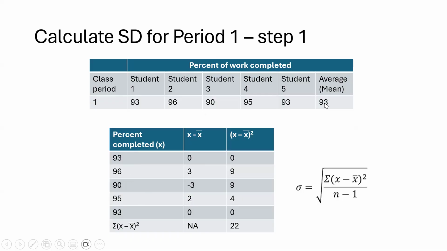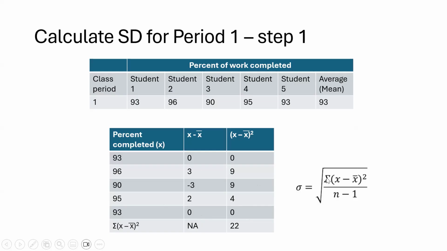Now I just do the mean, 93, minus that particular person. So 93 minus 93 is 0. 0 squared is 0. 96 minus 93 is 3. 3 squared is 9. 90 minus 93 is negative 3. Negative 3 squared is 9. 95 minus 93 is 2. 2 squared is 4. And then we get our 93 again.